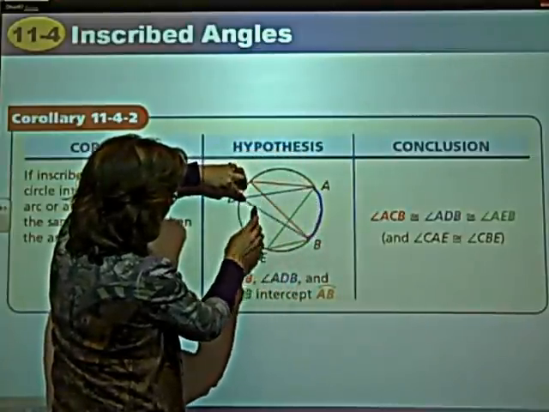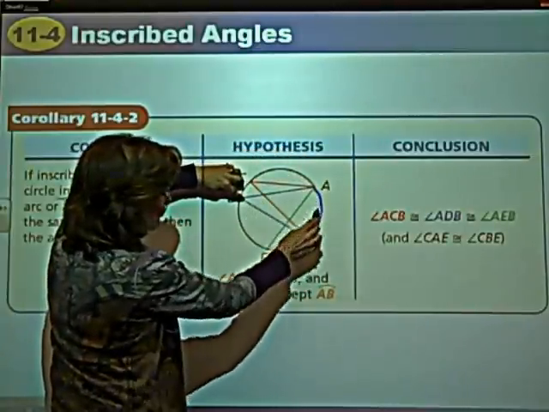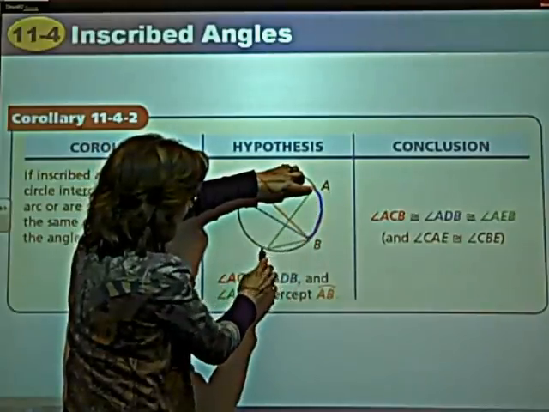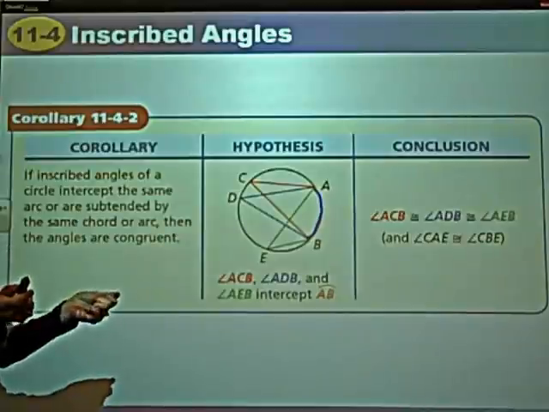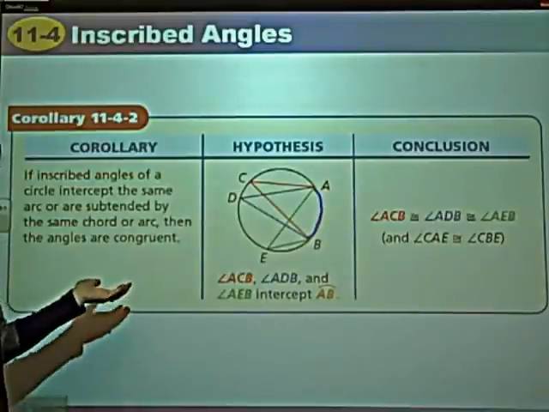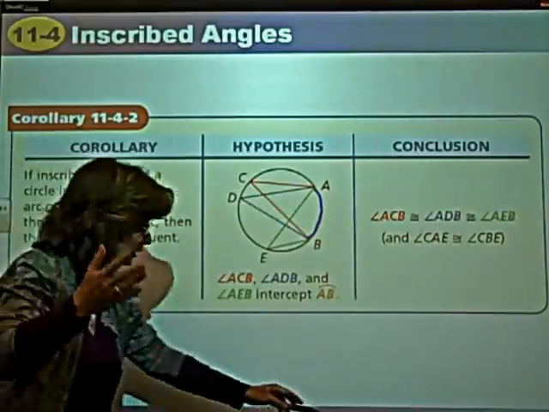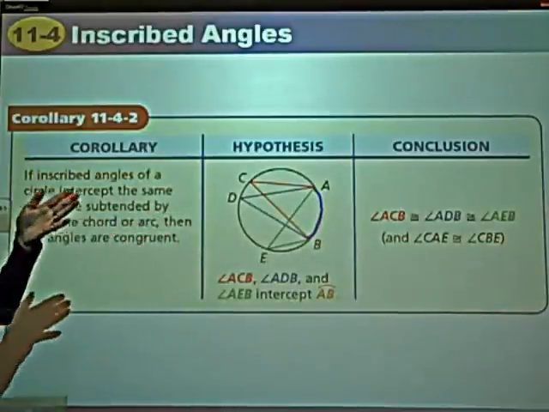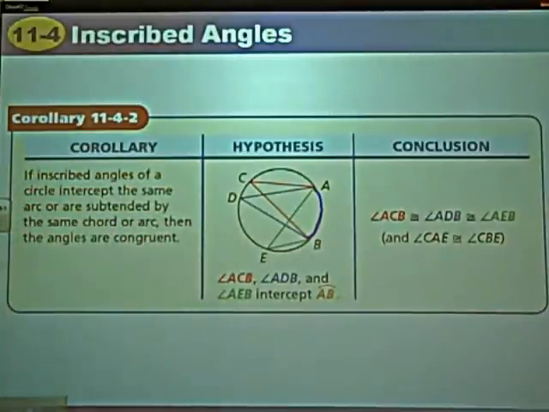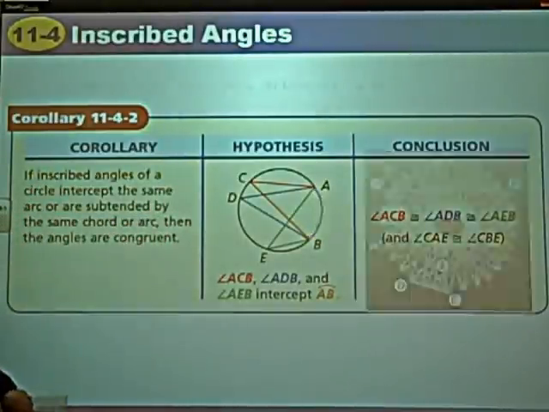I could go ADB, that would give me this arc. I could go AEB, that would give me this arc. They would all intercept the same arc. So if they do, all those angles are the same. So when you're in search of angle measures, that's all you're looking at. If they intercept the same arc, they must be the same measure.